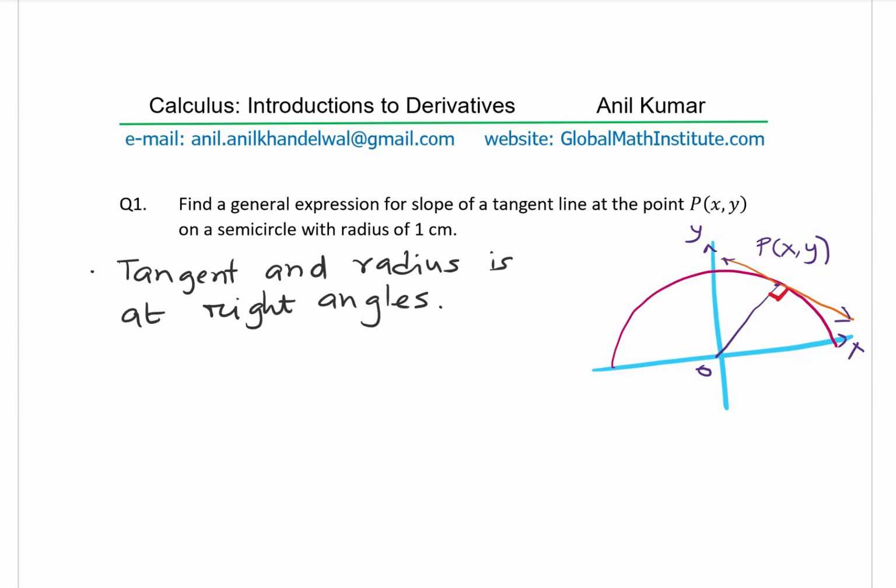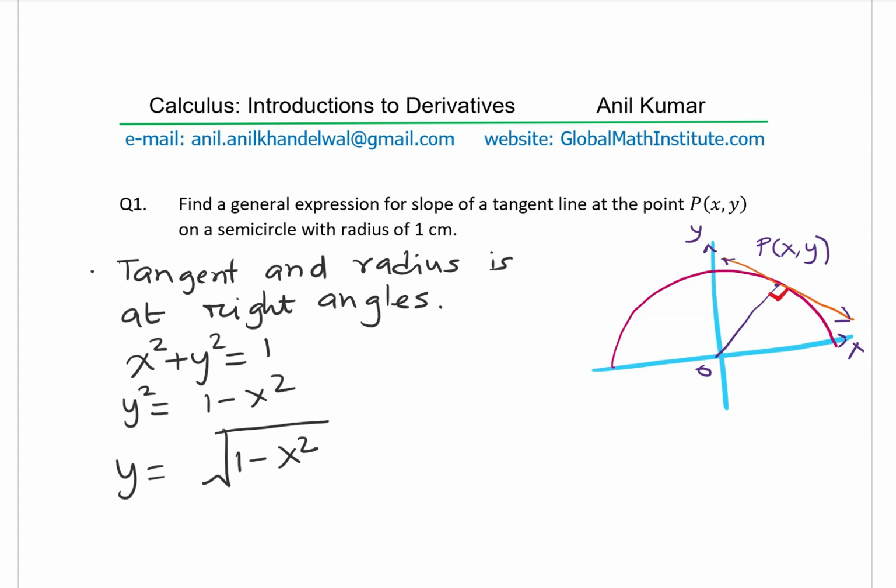So what is the point on this particular semicircle? The equation of the semicircle is x squared plus y squared equals 1. And you could always isolate y from here. So you get y squared equals 1 minus x squared, and y is equal to the square root of 1 minus x squared.